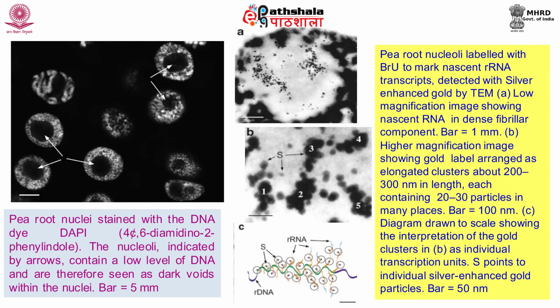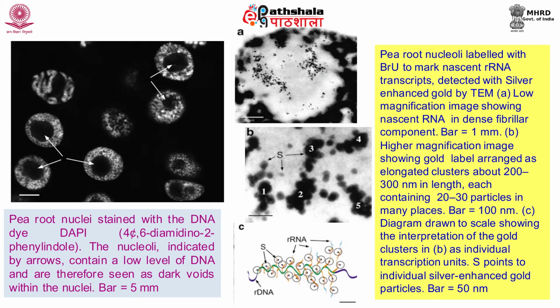Next, figures A, B and C show a transmission electron micrograph depicting pea root nucleoli at different magnifications labeled with bromouracil. Occasionally, more condensed regions of chromatin are seen within the fibrillar centers.